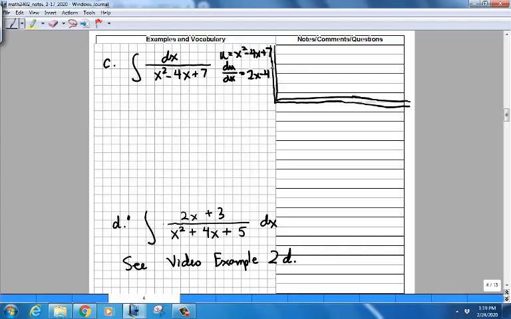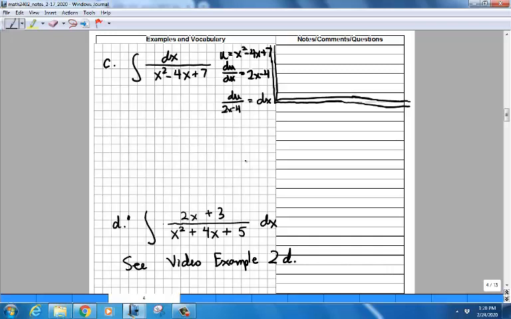It's 2x minus 4, and so that means that dx is du over 2x minus 4. Is that right? Or is that the other way around? Yeah, du over 2x minus 4, and if you substitute for dx there, it just doesn't work out very well at all. So that kind of is not going anywhere either.